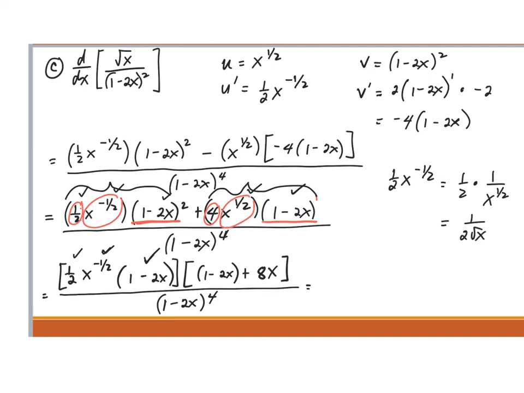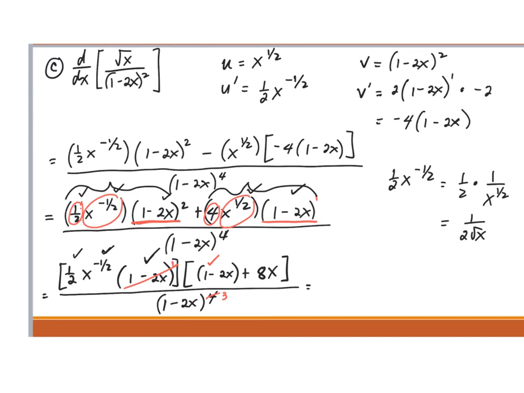So now we could write this as, okay, and also we could notice that we have 1 minus 2x to the power of 1 here and 1 minus 2x to the power of 4 in the denominator. You could cancel out one common factor.